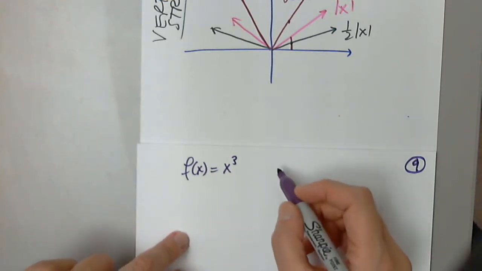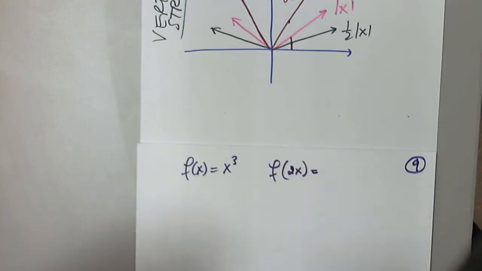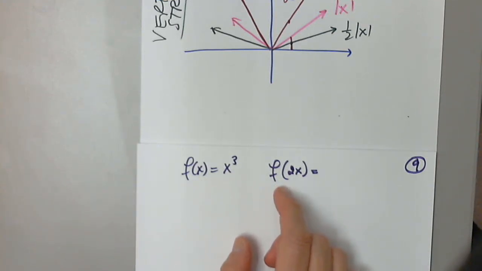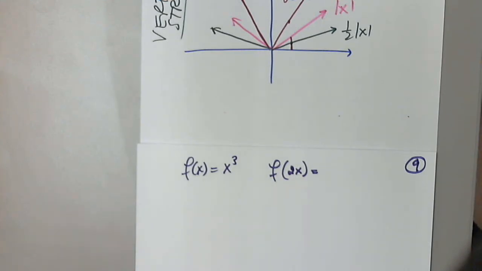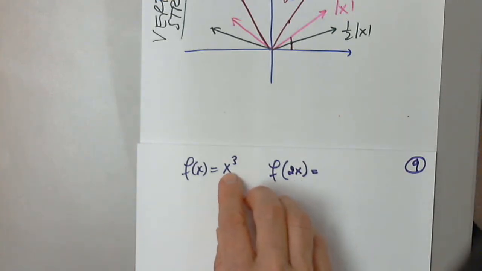Okay, perfect. So what if I want to determine this function? I am given f of x, which is x cubed, but I really want to determine f of twice x. How would you determine f of twice x? You will replace x by 2x, correct?